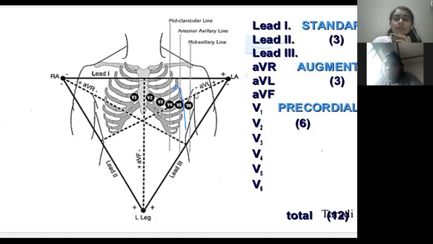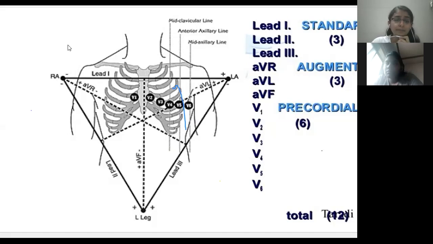Okay. So there are unipolar augmented leads. The unipolar augmented leads are placed at three places. That is right arm, left arm and left leg.